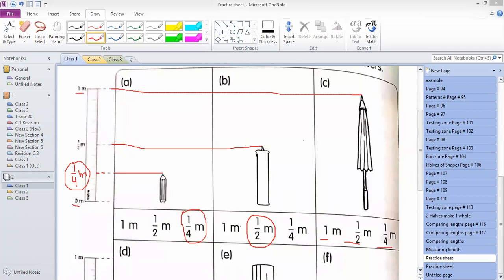One meter. Measure with this ruler. Look, I draw a rough line to the meter ruler. 1 meter, half meter, or quarter meter? Look, this is reaching up to here, this number. This is 1 meter, half meter, or quarter meter? One meter. 1 meter, okay.